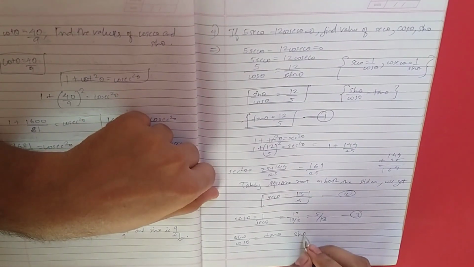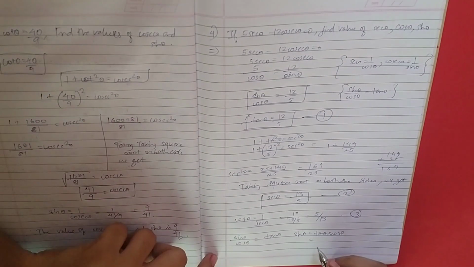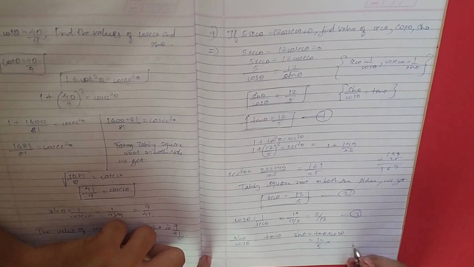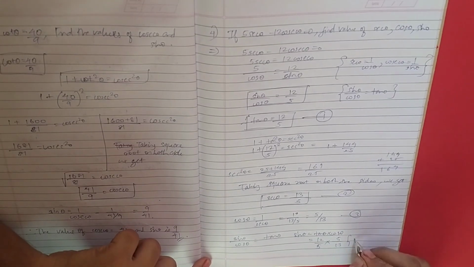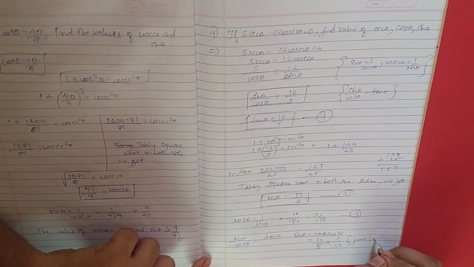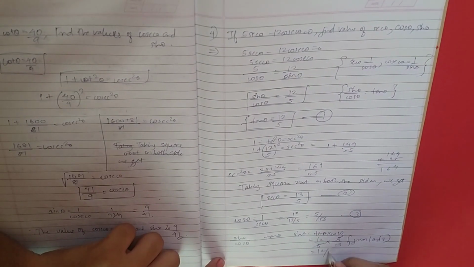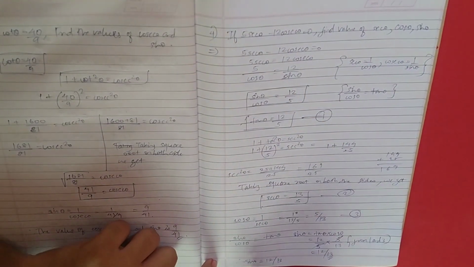So sin theta will be tan theta into cos theta, where tan theta is 12 by 5 and cos theta we got is 5 by 13. Here 5 and 5 will cancel. This will be 12 by 13. Therefore sin theta is 12 by 13.